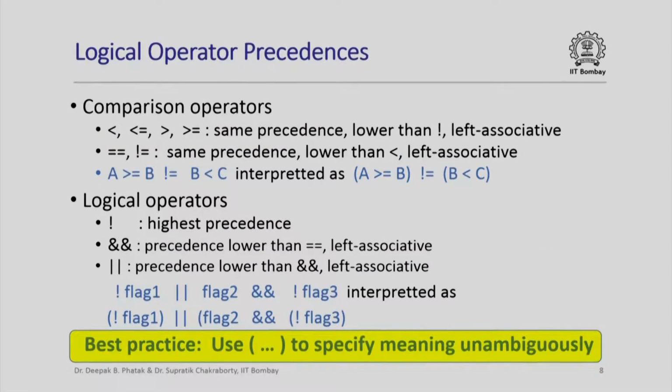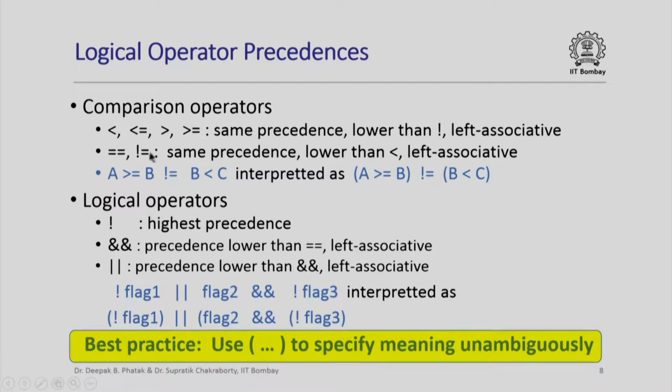Now just like we had operator precedences for arithmetic operators, we also have operator precedences for logical operators and for comparison operators. Less than or equal to, greater than or equal to, these have the same precedence, and their precedence is lower than that of the logical negation operator, and they are all left associative. We have seen what left associative means in our discussion on arithmetic expressions.